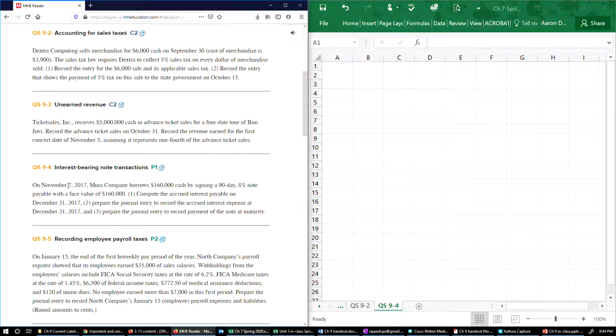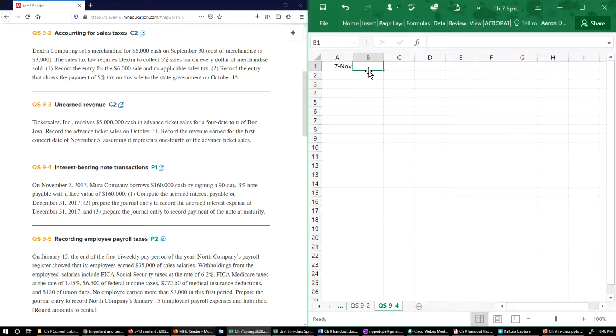It didn't ask for the first journal entry, but in the interest of consistency, let's do that. So the note is signed on November 7th. And it's a loan, basically. So we were in the middle of recording the November 7th making of this note.